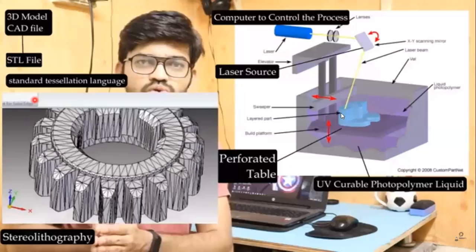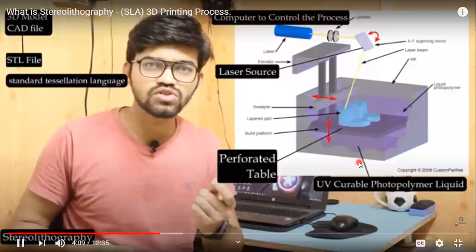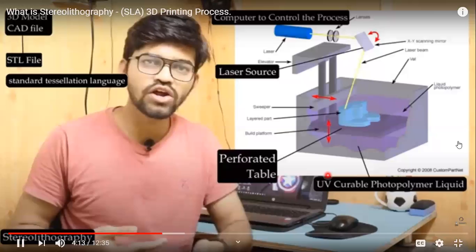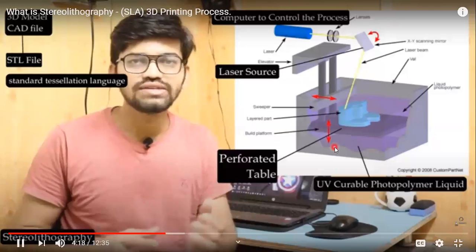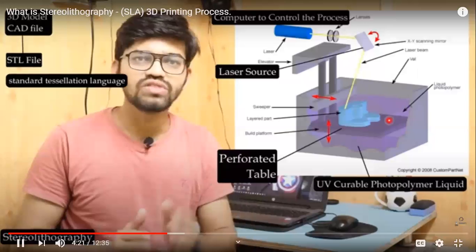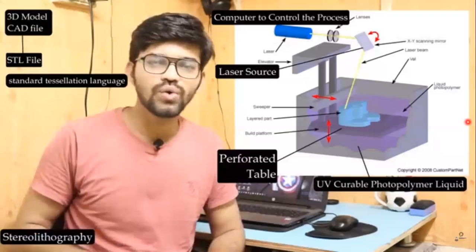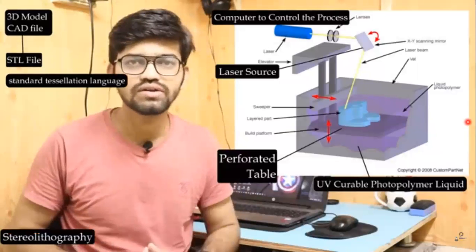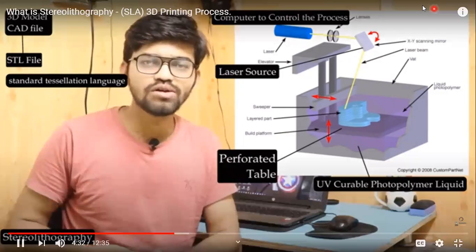When a 3D printer prints different parts, it builds them layer on layer, so in order to understand the geometry of each layer, the STL file type is very useful. This STL file is the input to the 3D printer, and the printer starts working in such a way that the perforated table is immersed in the liquid tank.